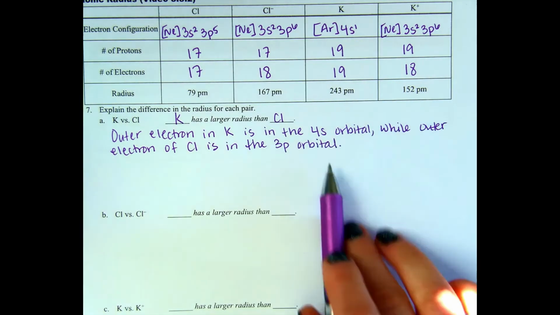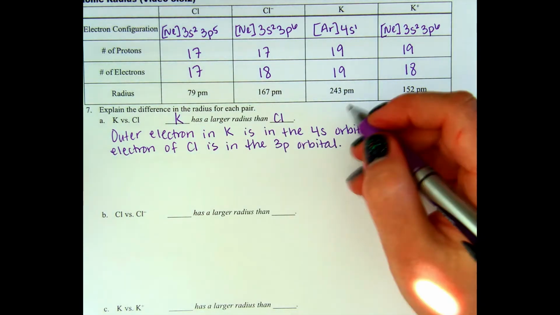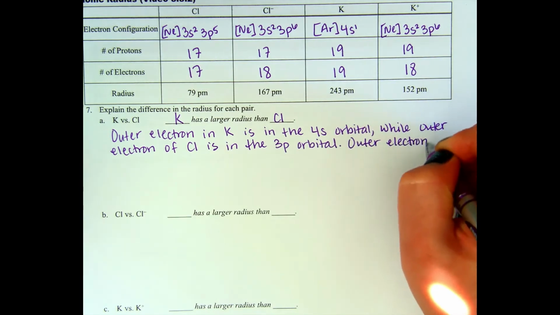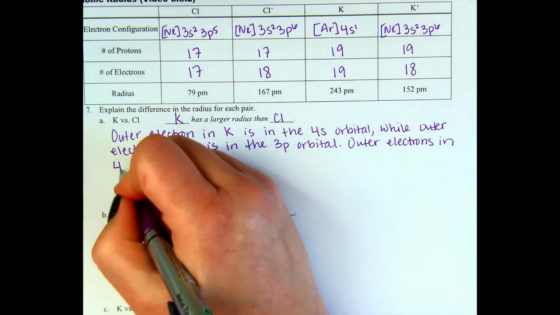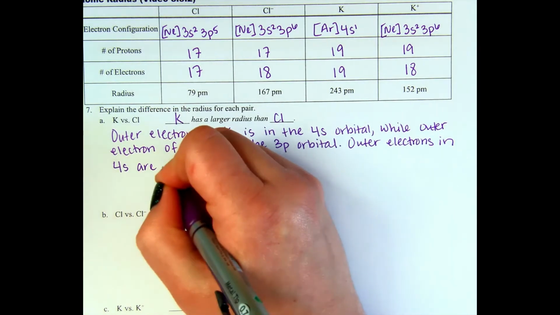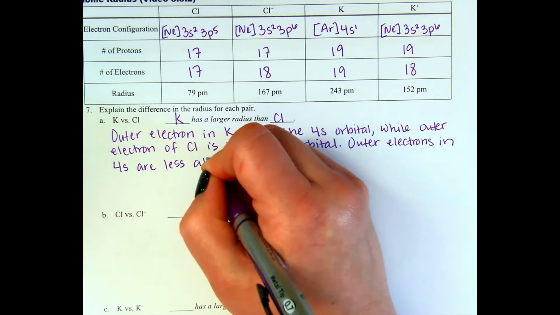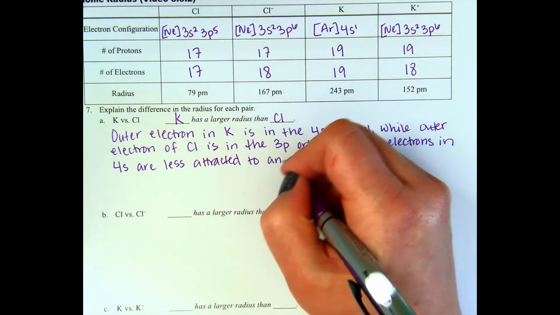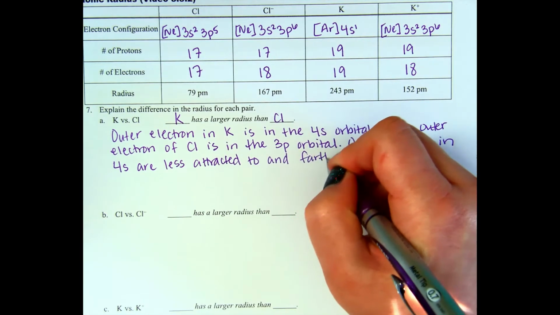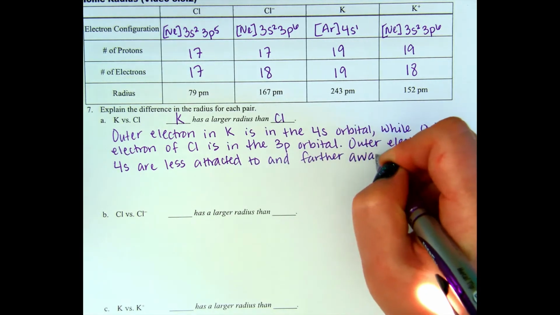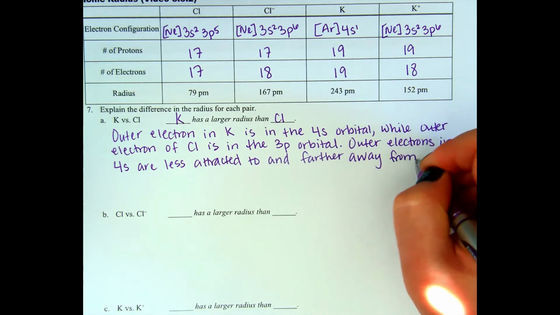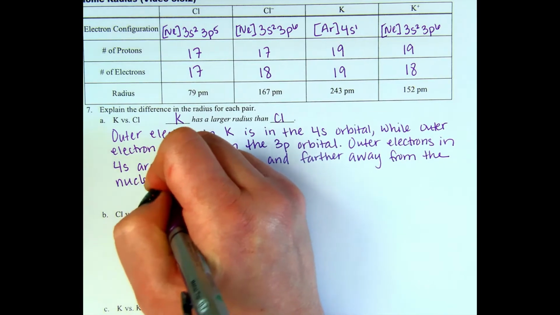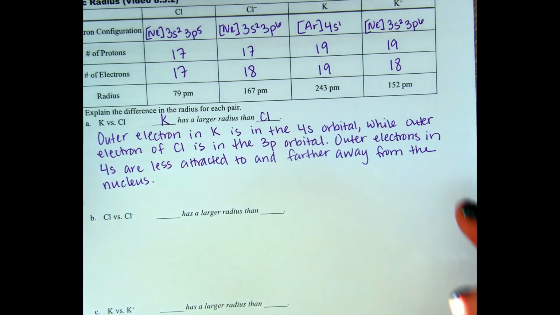And the outer electrons in the 4s are less attracted to and further from the nucleus. Okay, and so that is why potassium is bigger.